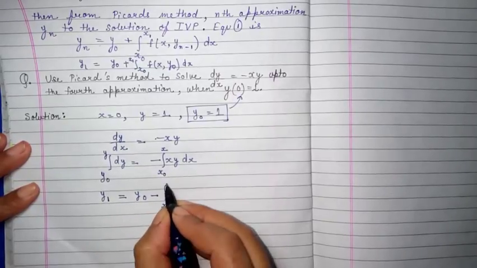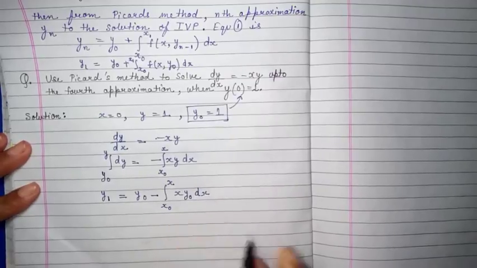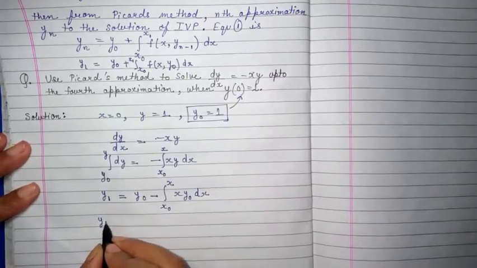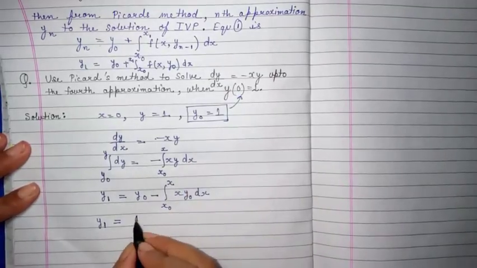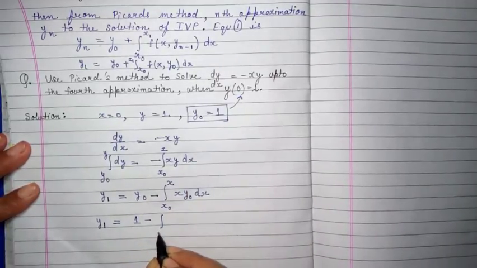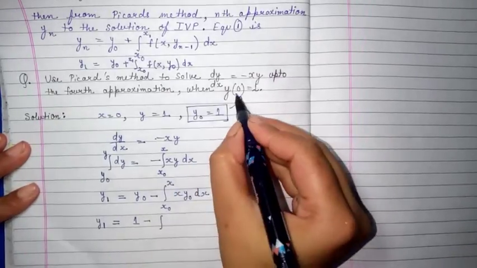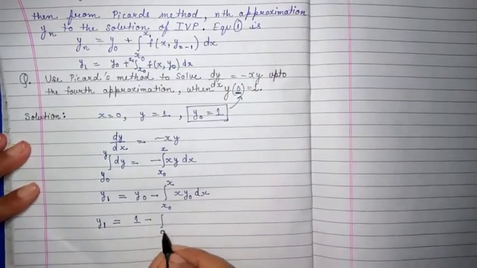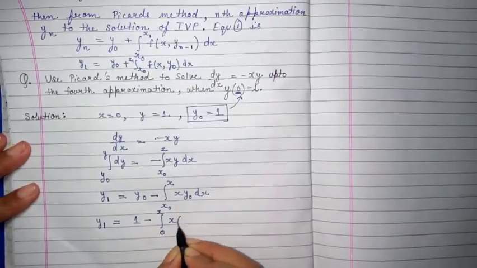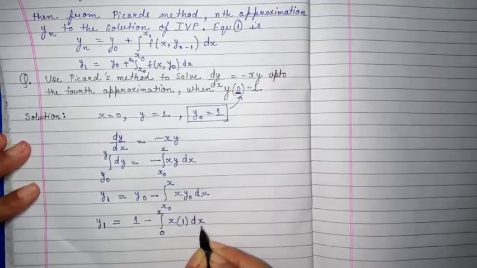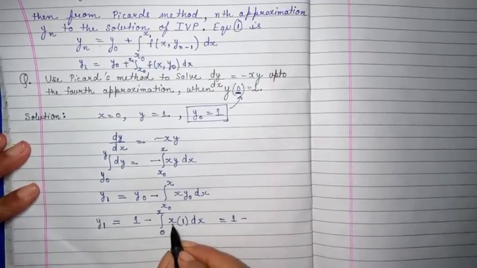So I am substituting the value of y naught, which is given as 1, minus the integration from 0 to x of x times y0, whose value is 1, dx. If you integrate this, your value will be 1 minus the integration of x.